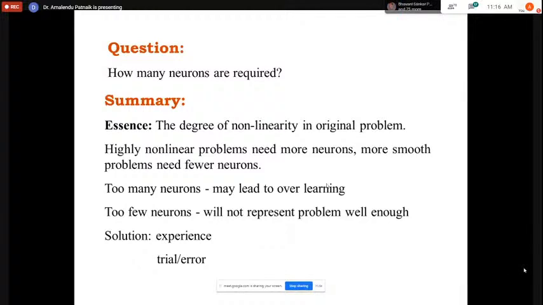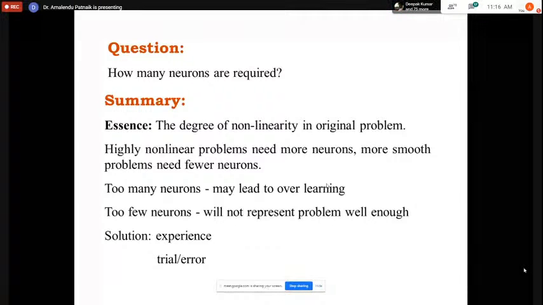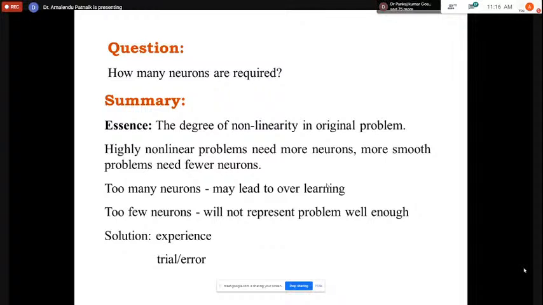If the number of neurons in the hidden layer is more than required, it may lead to overlearning. And if it is too few, it will not represent the problem well enough.